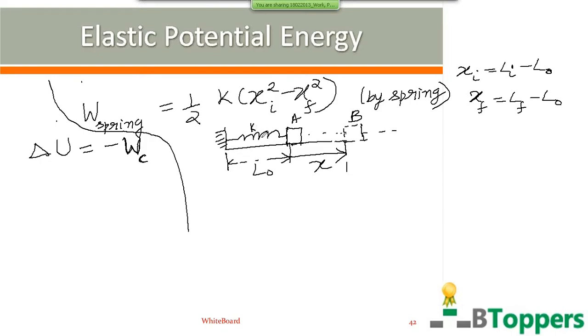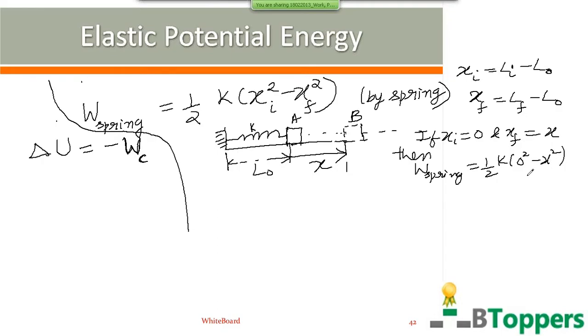Let k denote the elastic force constant of the spring. So here xi is 0 and xf is equal to x. Then the work done by the elastic force by the spring is equal to half k into 0 square minus x square, or minus half k x square.